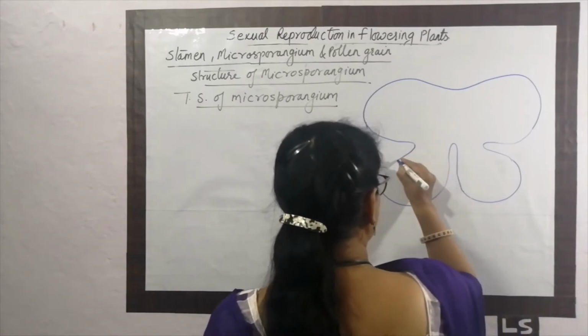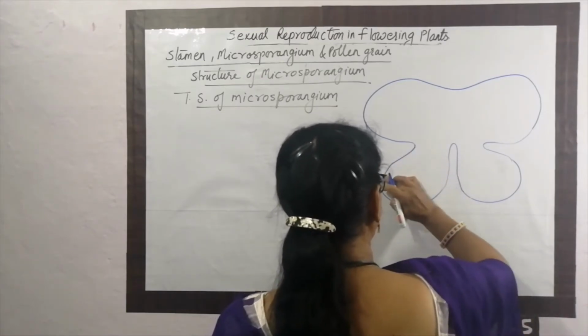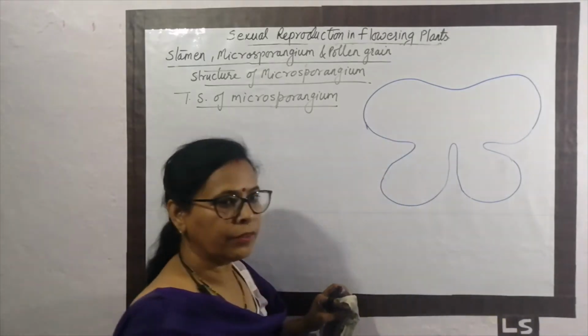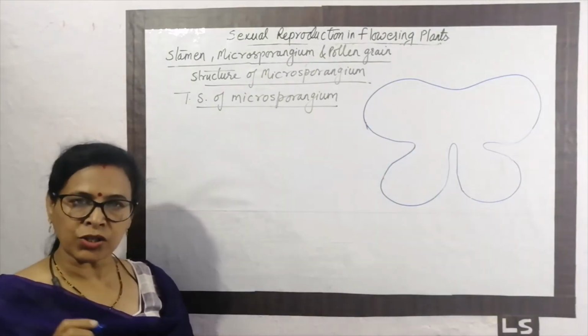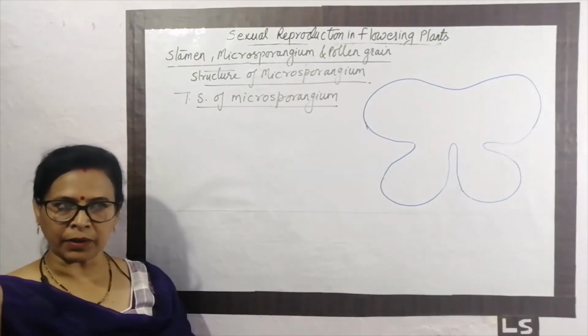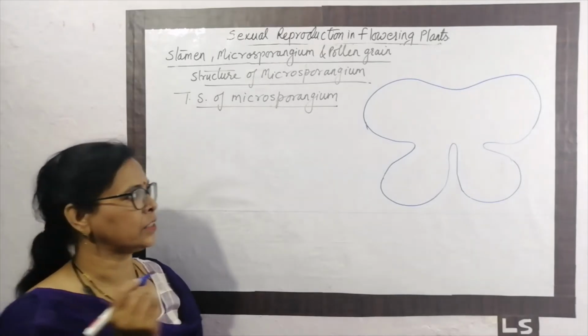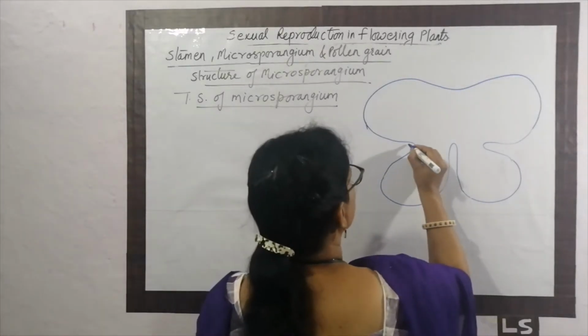The two lobes are clearly seen. Even 4 thecas are also clearly visible here. The outer layer is composed of 3 layers actually. This is the first.